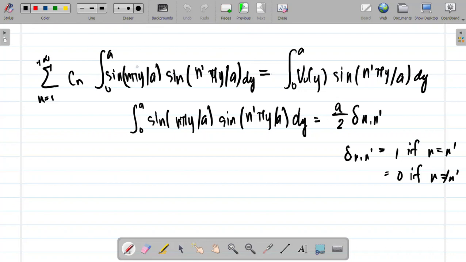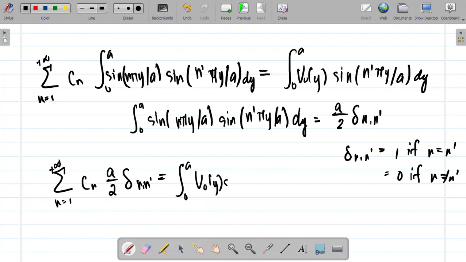So, we will get summation n equals 1 to positive infinity Cn a over 2 Kronecker delta n n prime equals integral ng v naught of y sin n prime pi y over a dy.